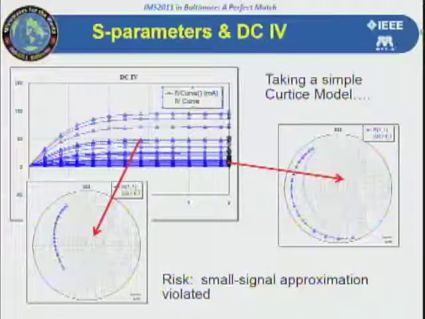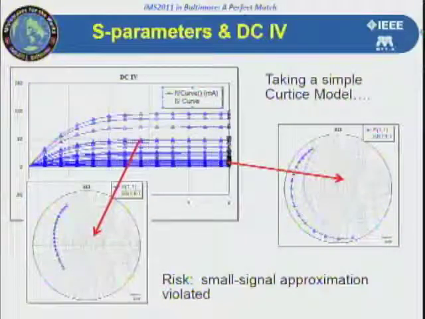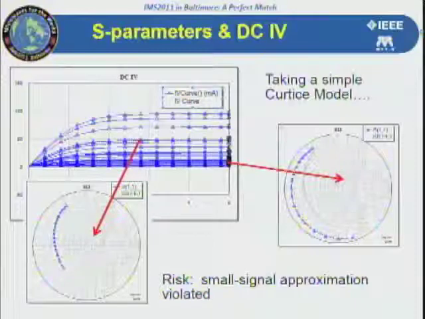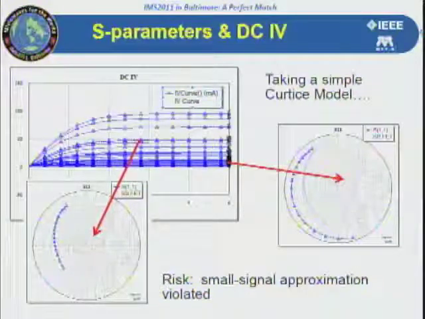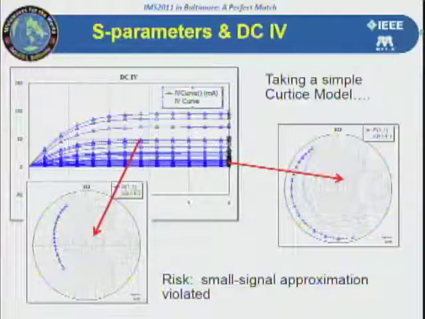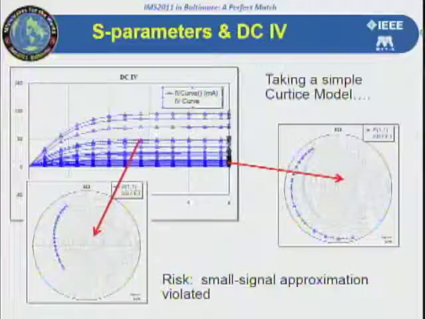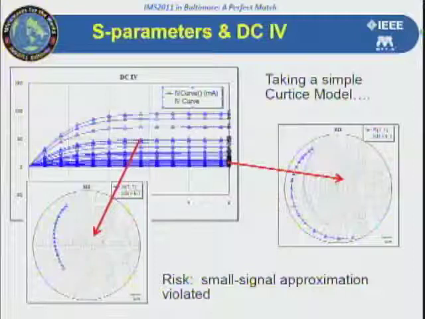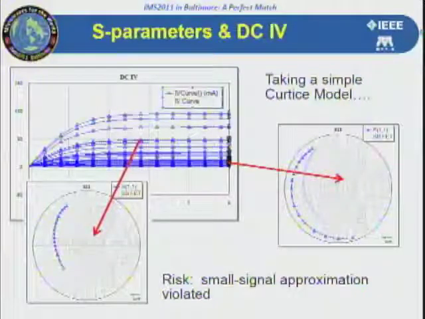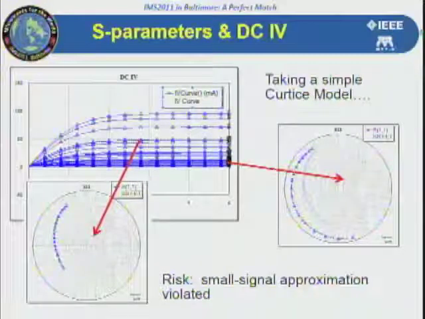Now, if we have a class A bias condition in the middle and we put in a very high input signal, clearly we're going to be going from a set of S parameters over here that would be more towards the quiescent point to a set of S parameters over here that would be more towards the high power, peak power point of the waveform as it went through the transistor. So clearly the S parameters are changing. So we would get different gains, different reflections as the input wave went through its 360 degrees of cycle.